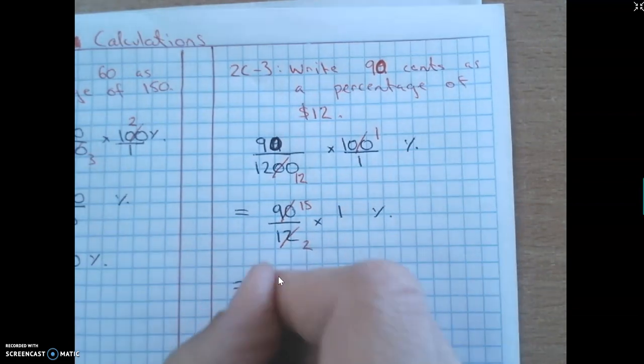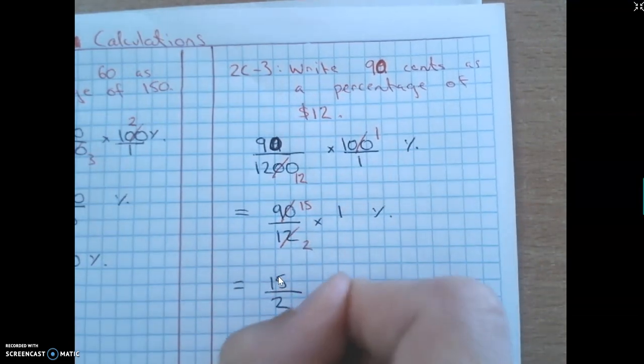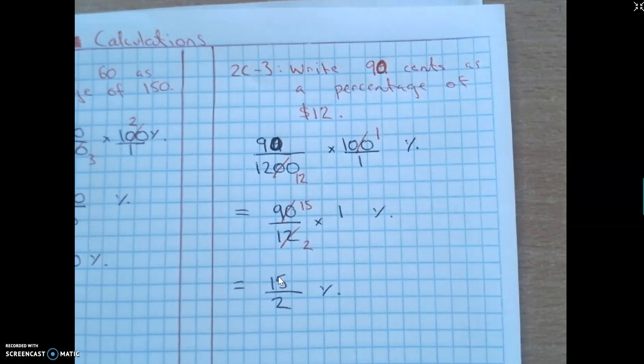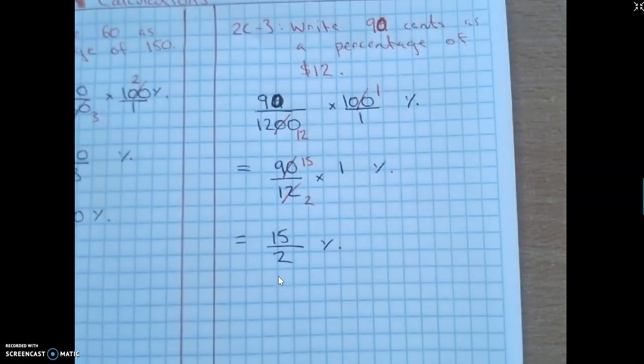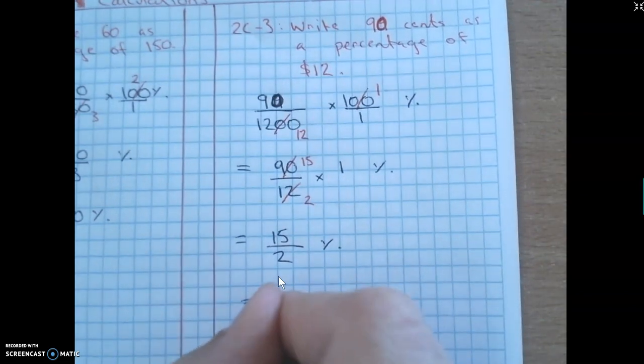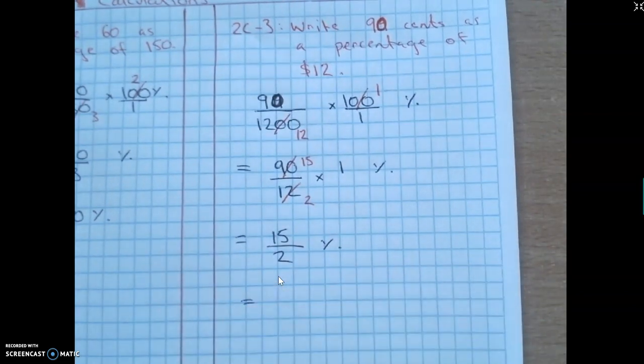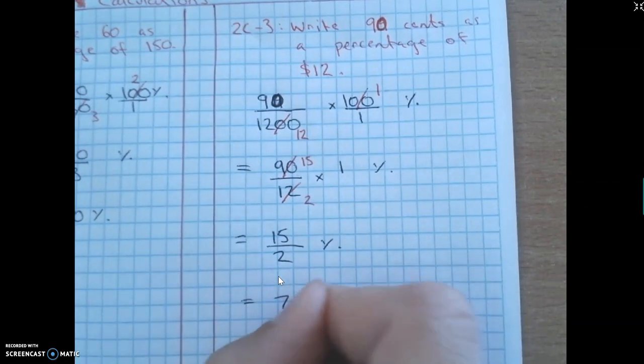So you have 15 over 2%, which is the same as if I wrote that in decimal form. In decimal form, 15 divided by 2 is 7.5.